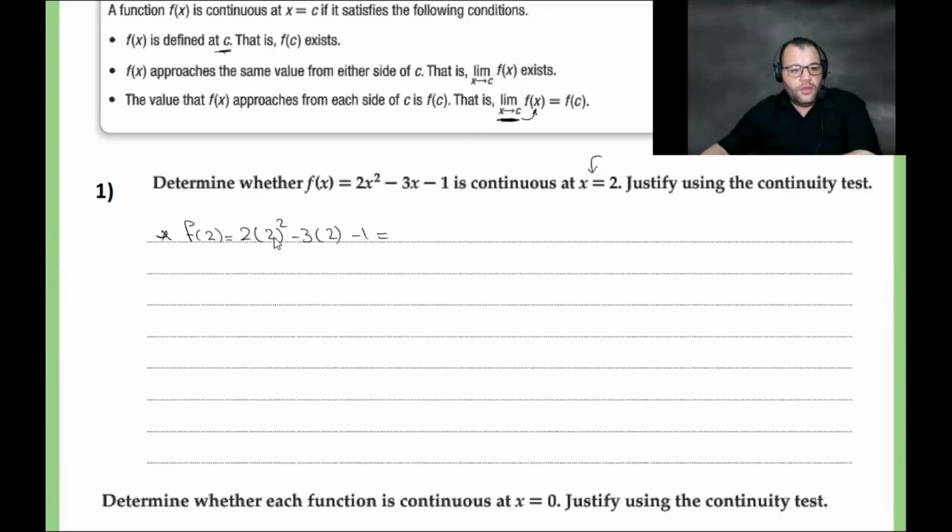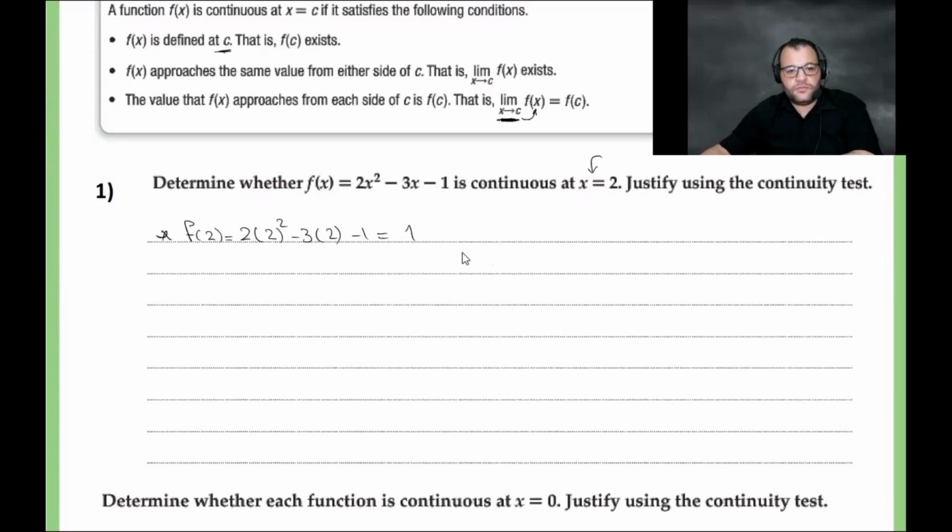2 to the power 2 is 4, times 2 is 8. 8 minus 6 minus 1. 8 minus 7, which is equal to 1.